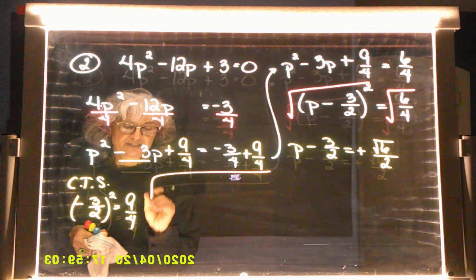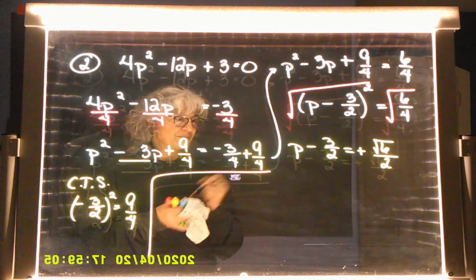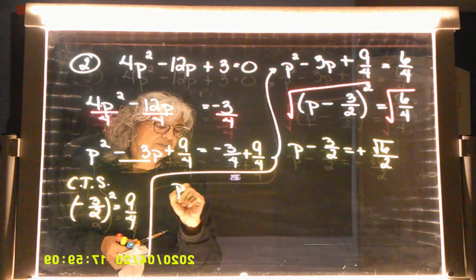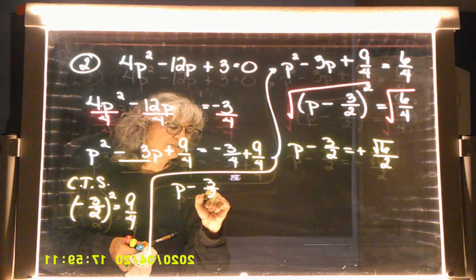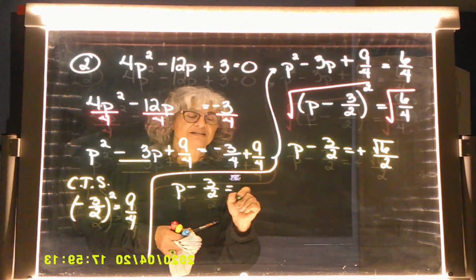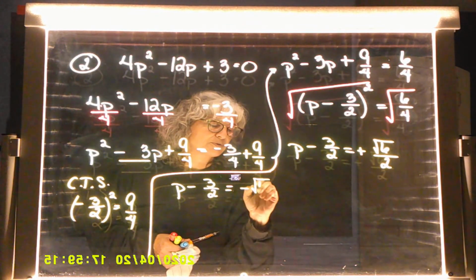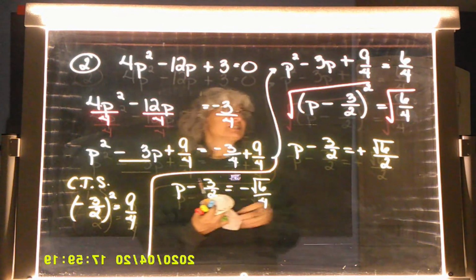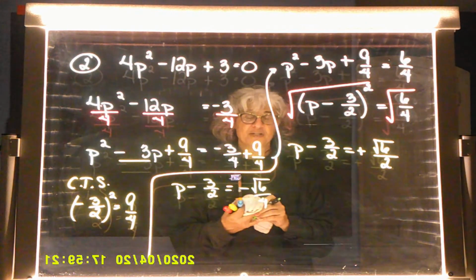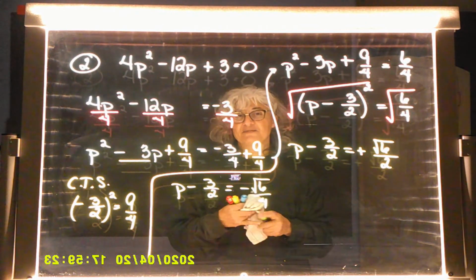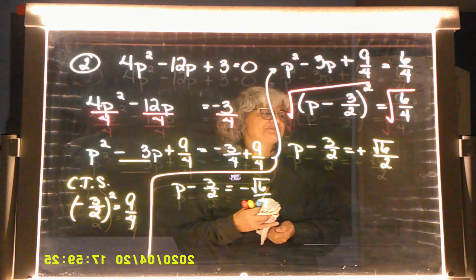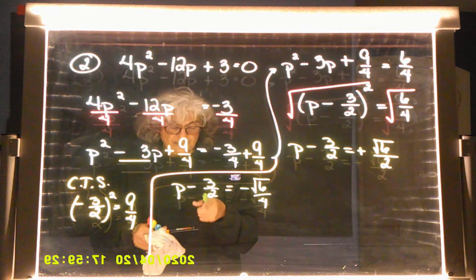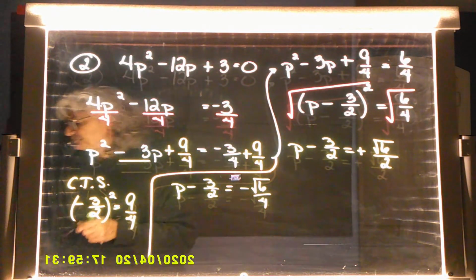I'm going to create myself some space over here. So your second answer would look like p minus 3/2 equaling a, good, negative square root of 6/4. We were very fortunate that that 4 was there in the denominator because it saved us from having to rationalize. All right, how we doing? Making sense? Okay.